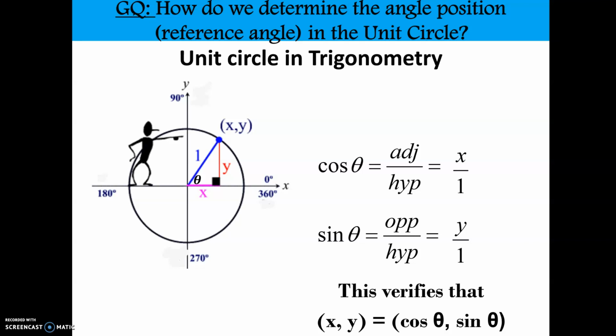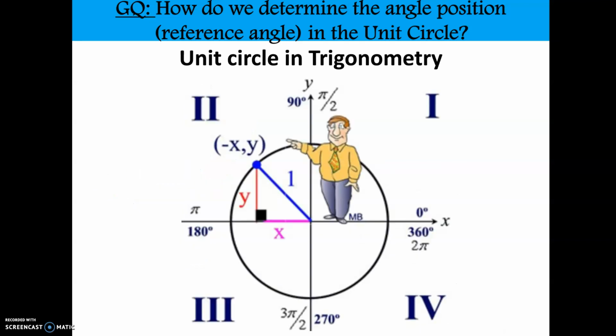This is very important. So let's look at the quadrants. In the first quadrant, cosine and sine are both going to be positive. Somewhere in between 0 and 90 degrees, the coordinates x and y are both positive. What about the second quadrant? In the second quadrant, we know that x is negative, so the cosine is going to be a negative value.